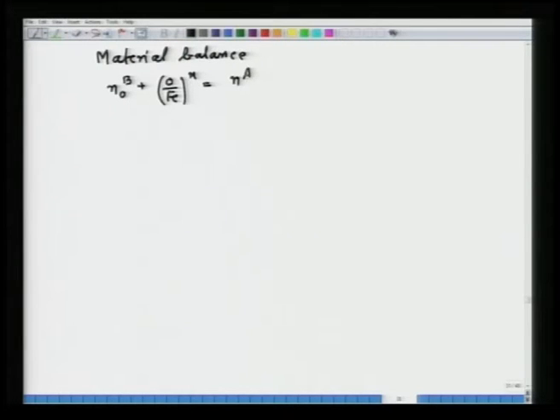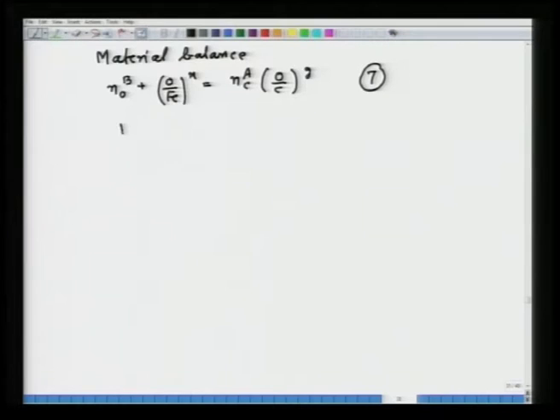Now, you recall the material balance equation: NOB plus O by FeX is equal to NCA O by Cg. That was, let us say, equation number 7.